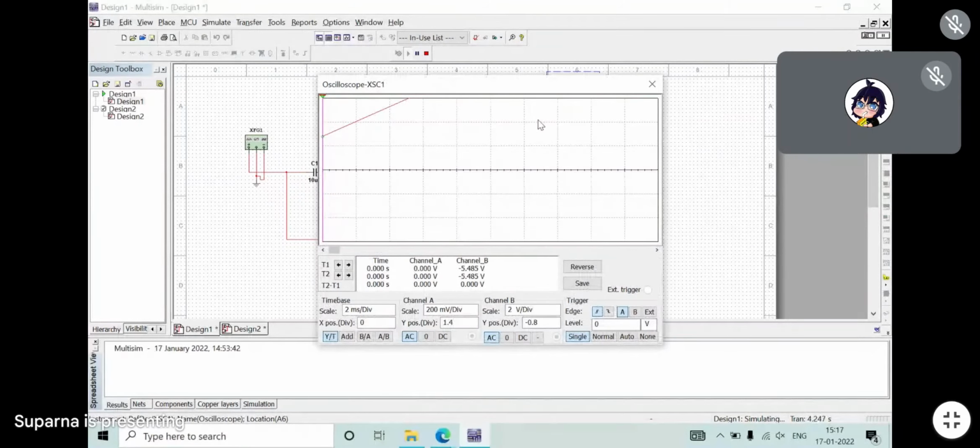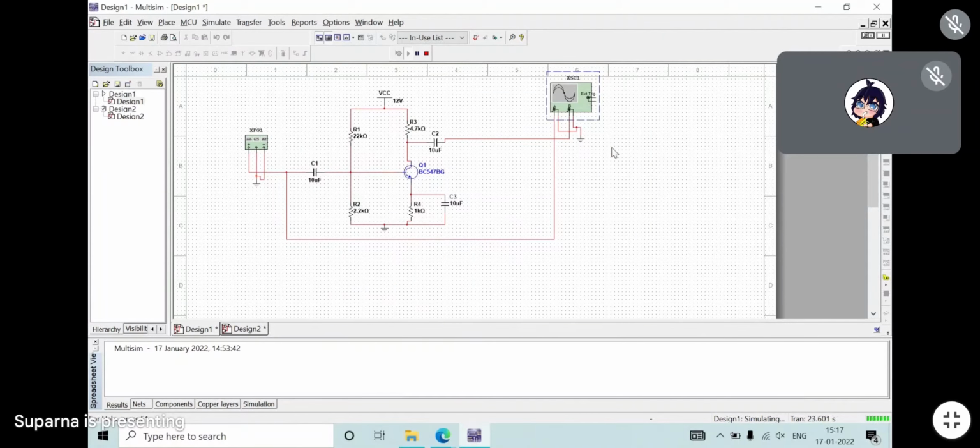Like this, it is coming. Okay. What you have to do? You have to make it auto. Yes, ma'am. Why is this coming like this? Close this once again. No need of connecting this common with the negative one.